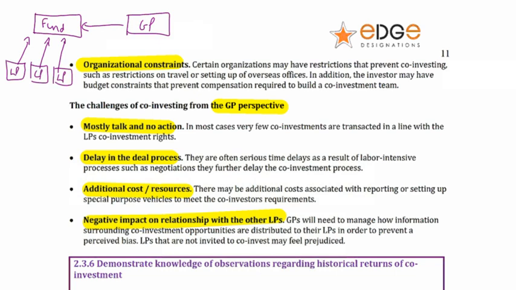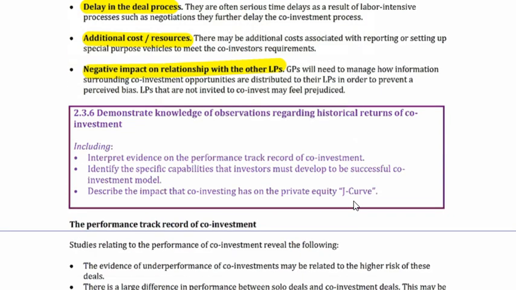Now let's say, for example, only limited partner 1 is invited by the general partner to invest in a new investment called a co-investment. That may seriously strain the relationships with the other 2 LPs. They want to know why they were not invited. It could become an exclusionary process. Just watch for that. We move on.